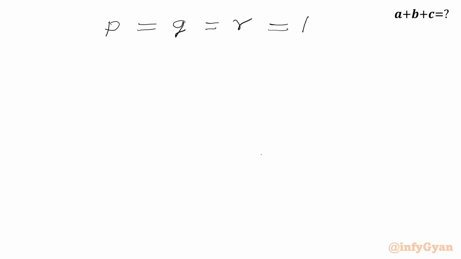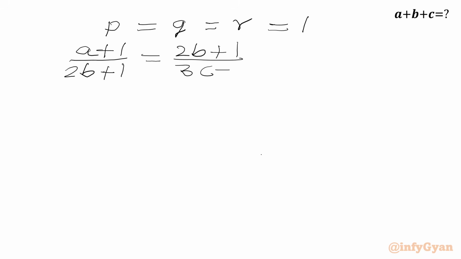So we'll write the P value, which is a plus 1 over 2b plus 1, and Q value is 2b plus 1 over 3c plus 1, and R is 3c plus 1 over a plus 1, each equal to 1.